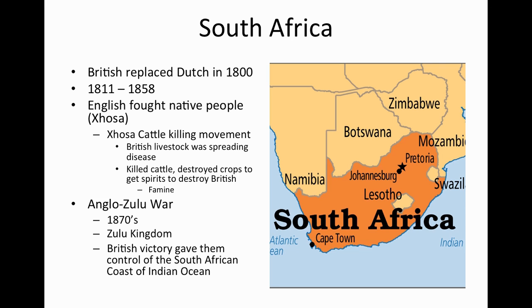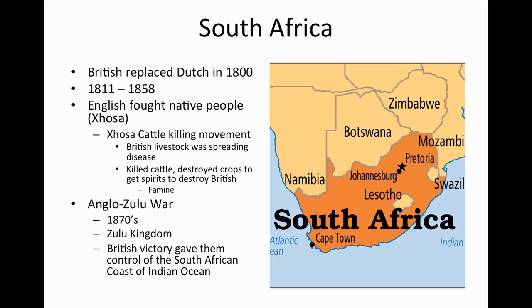There was a famous war known as the Xhosa cattle killing movement, where British livestock were spreading disease, and the locals ended up killing the cattle and destroying the crops, with the purpose of hopefully destroying the British, or at least pushing the British out. Unfortunately, that only led to famine, so it kind of backfired.